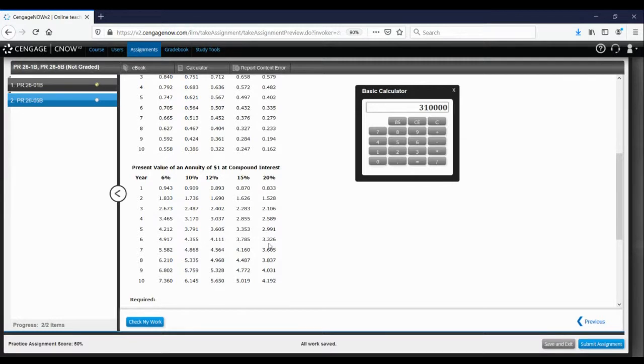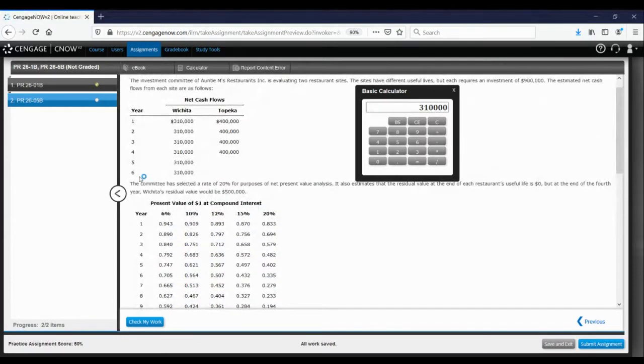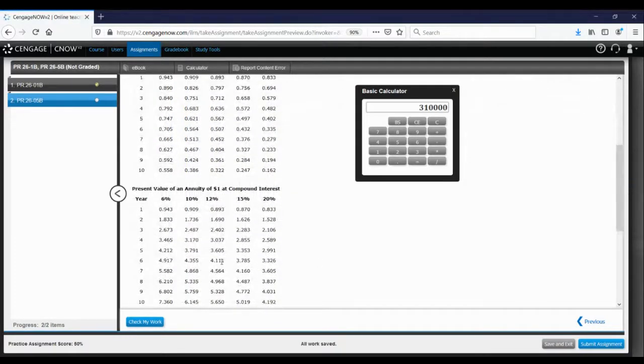I'm going to go across to 20%. My table value amount is 3.326. I'm going to take that 310,000 and multiply that by the table value amount because there were 6 years in the life at 20% interest. The table value amount is 3.326.